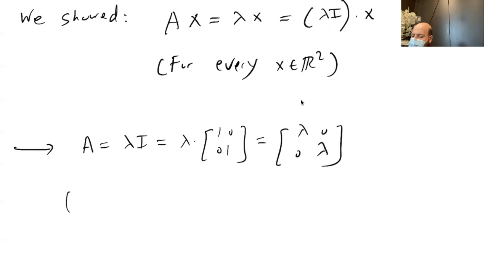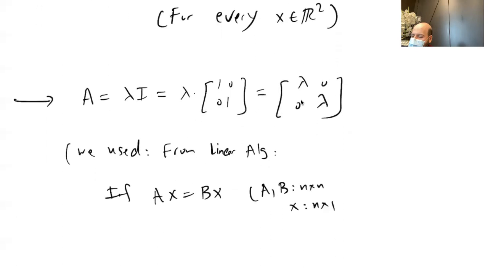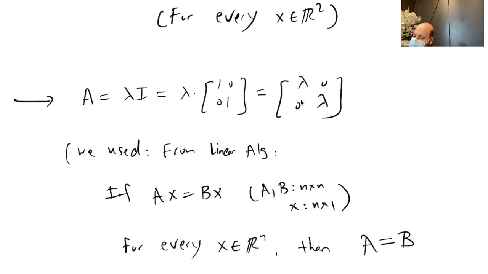So here we use the fact from linear algebra that if AX is equal to BX, let's say A and B are n by n matrices, and X is an n by 1 matrix, for every X in Rn, then A and B as two matrices must be equal.